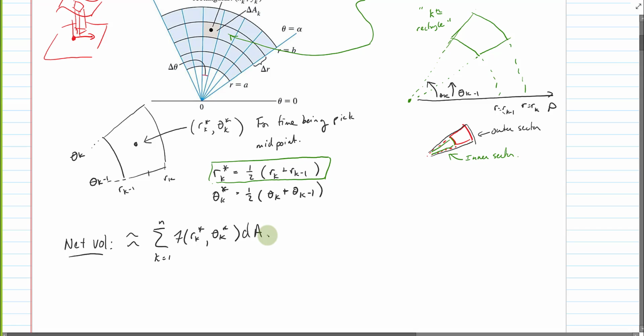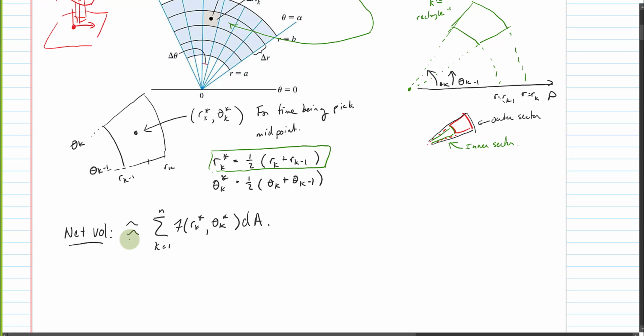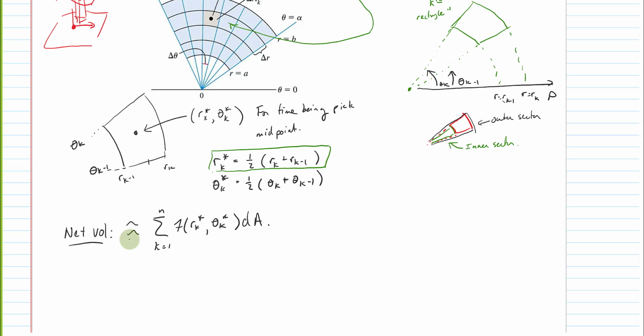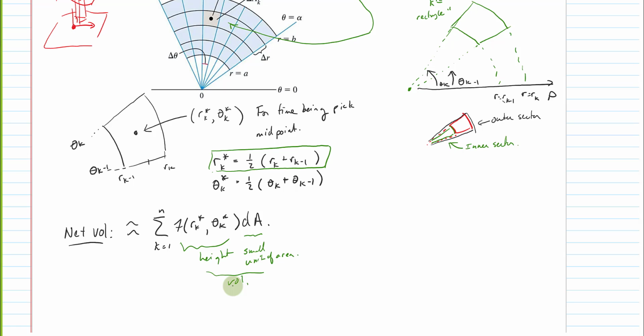You've done this a number of times, in Calc 1, Calc 2, and a couple times now in Calc 3, where we're approximating some total, in this case the net volume, but it could have been net area under the curve. We're going to take a height times, in this case, a small unit of area. In total that gives us some volume, and we're going to add them up. So there's nothing new there, except that I'm using r and theta as opposed to x and y.